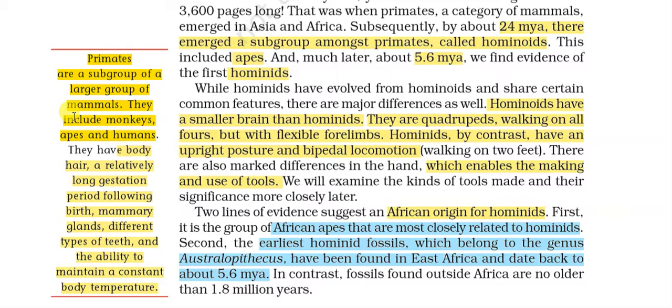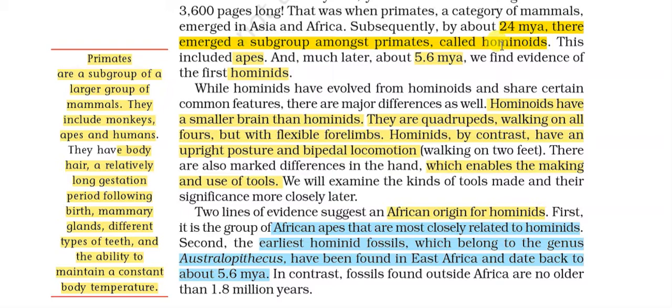Now, the first group is mammals, big group. Under mammals are primates. Under primates are hominoids. This is the first level of human evolution. Class, please take note. This is the first step of human evolution. So larger group mammal, then under that subgroup is primates.